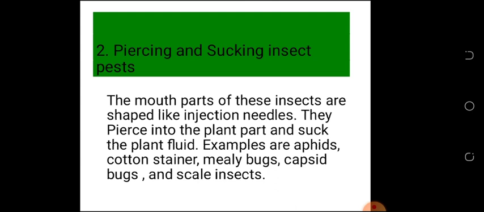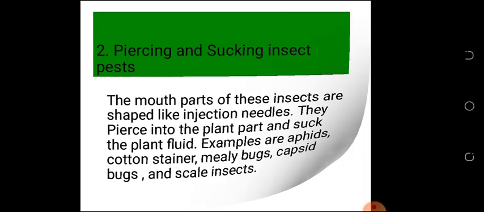They pierce into the plant part and suck the plant fluid. And after that, the plant dies. Examples of these insect pests are aphids, cotton stainer, mealybugs, capsicum bugs, and scaly insects.